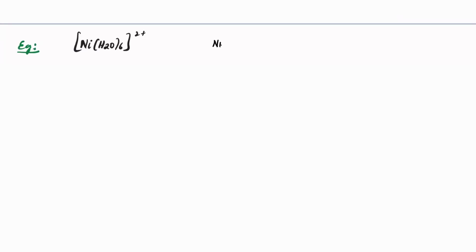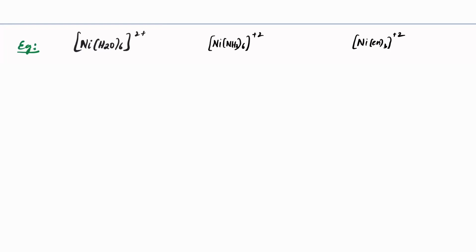One is nickel NH3 6 times plus 2. The other one is nickel en thrice plus 2. Check these three cases now.